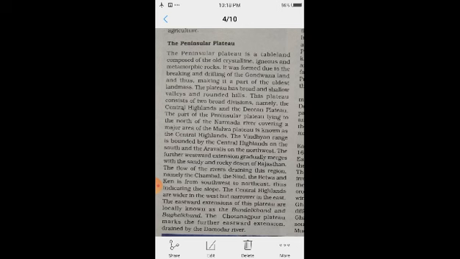Central part of the peninsular plateau lying to the north of Narbada. Central highland जो है या central part of this peninsular plateau, which rivers are there? Plateau lying to the north of the Narbada river.